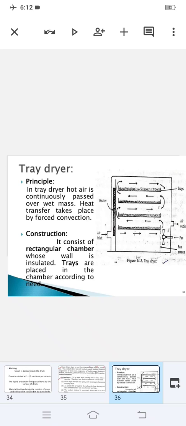It consists of a rectangular chamber whose wall is insulated, and the trays are placed in the chamber according to the need, means according to the capacity. If it is in the lab, then a very small tray dryer can be used. If it is in the industry, then we need a large size tray dryer.